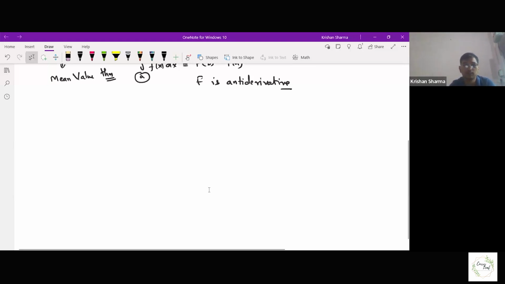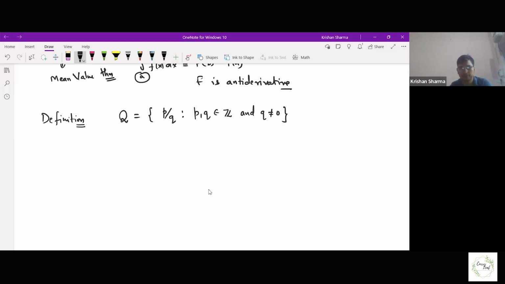Now, firstly, I want to start with the definitions. My first definition is Q, the set of rational numbers, and it is defined as p by q, such that p and q are integers, and q should be non-zero, otherwise it will not be defined.